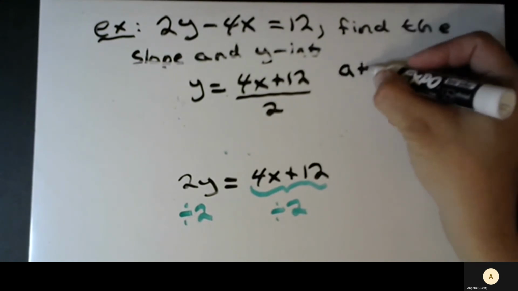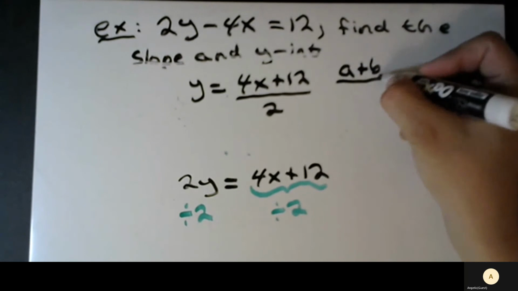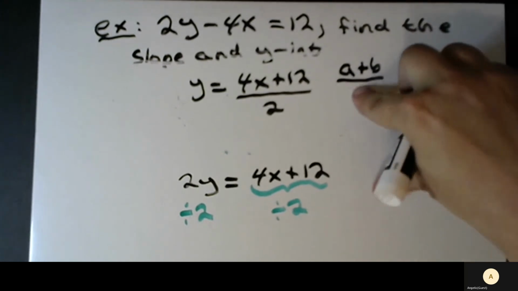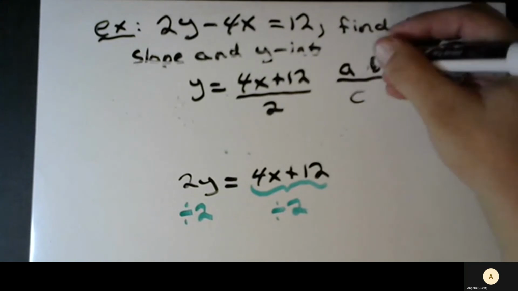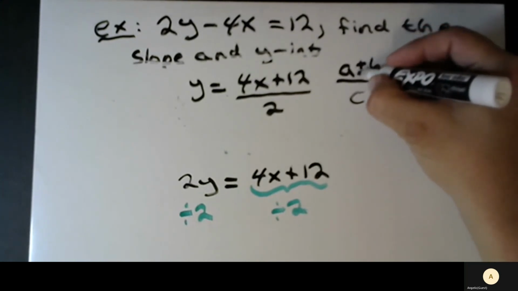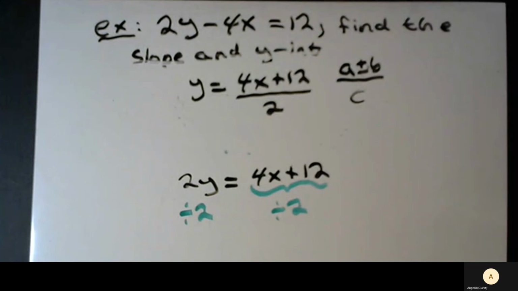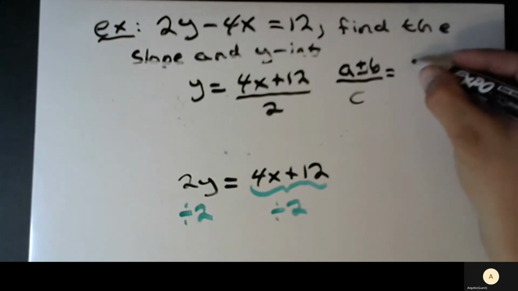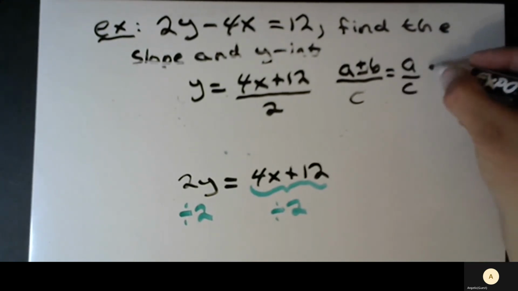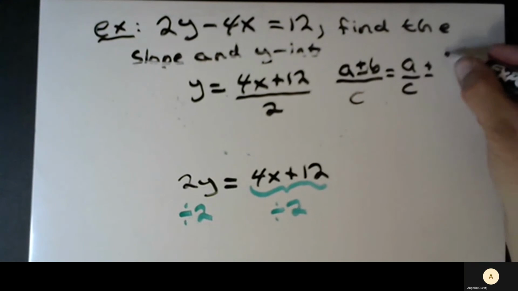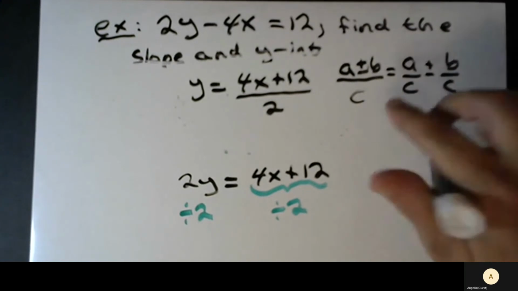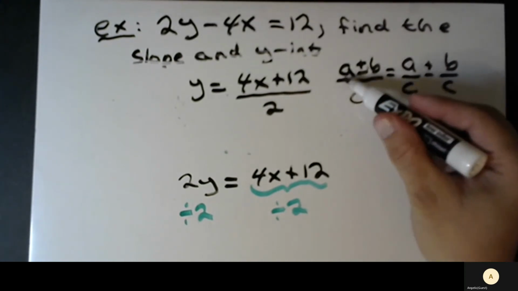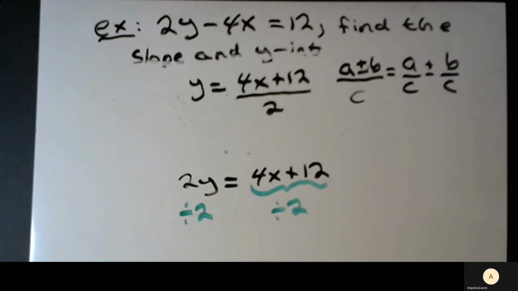In math, when you ever have something like a plus b over c, in fact, it could be minus also, you can rewrite it as a over c plus b over c. The c will divide into the a and divide into the b.